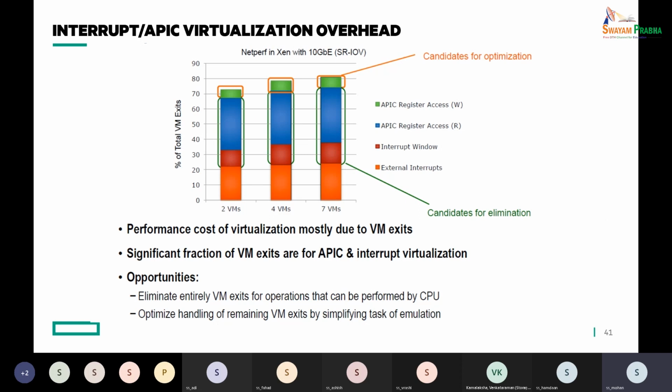He showed which ones take a lot of time, and you can see that external interrupts take the maximum time. Basically, interrupts coming from the device to the system, even though they are expected to go to the guest directly, cannot go to the guest. They come to the host, and the host has to do the virtualization.